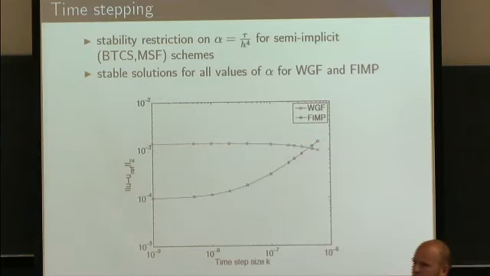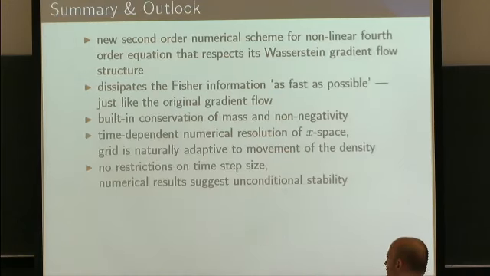And because we have to do some reconstruction from the Lagrangian coordinates back to the original coordinates, we obviously introduce some error there. But the positive message is that we obtain useful solutions for all time steps, so we have no stability restriction on the choice of the time step. So we consider this to be unconditionally stable.